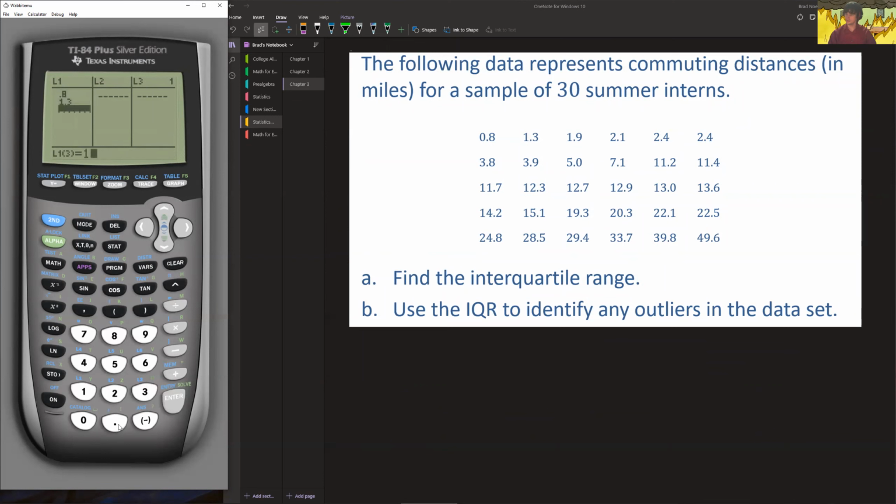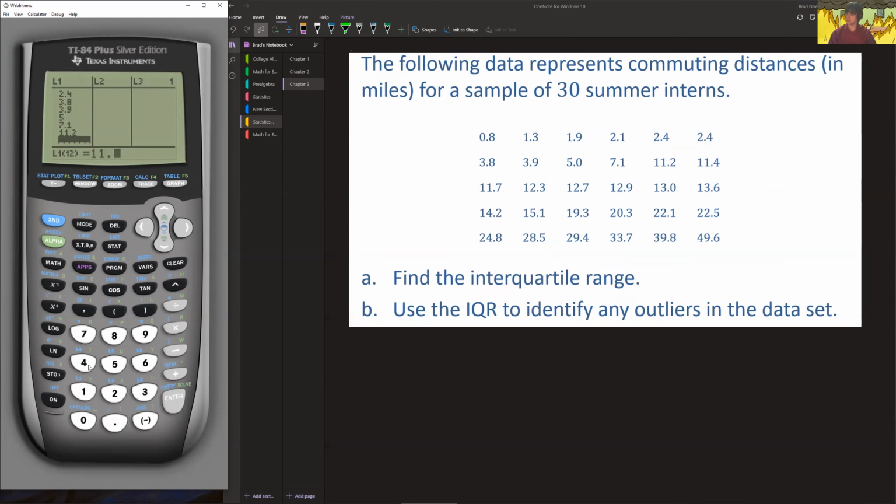1.3, 0.9, 2.1, riveting content as I enter values into my calculator. Feel free to skip a bit ahead as I'm entering these in, or wait and enjoy this clicking sound. Calculator ASMR right here.